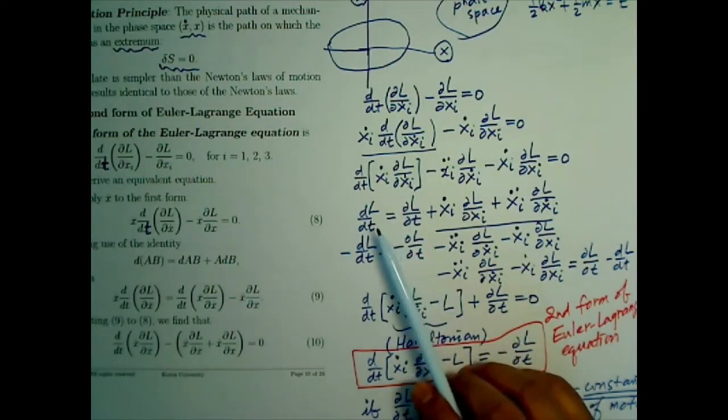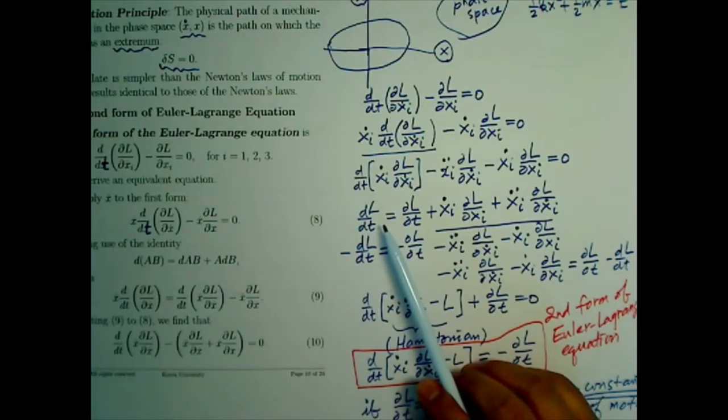We recall that, in general, the Lagrangian is a function of x_i and x_i dot, but let us allow time dependence too.